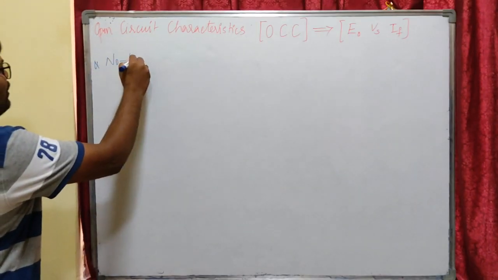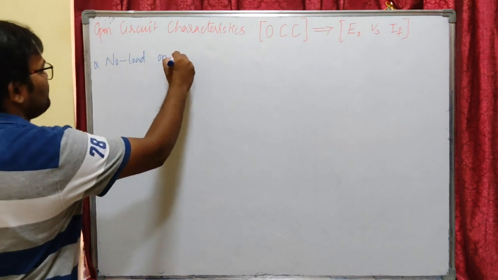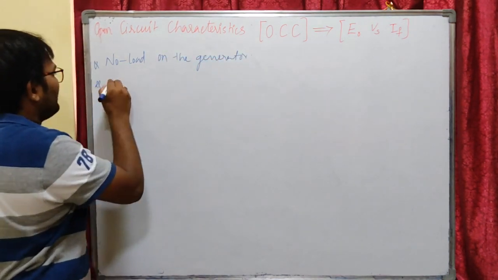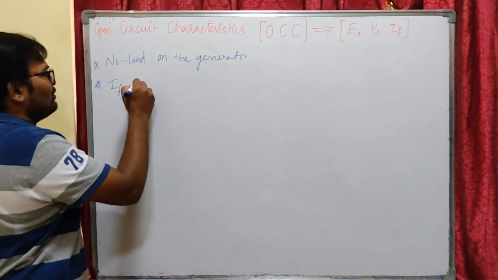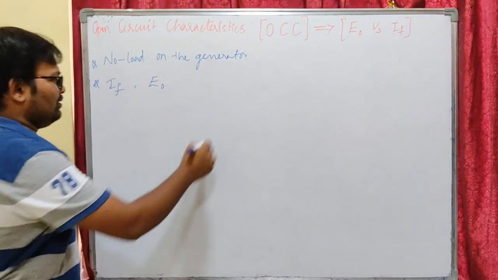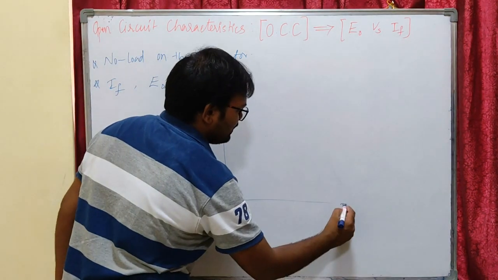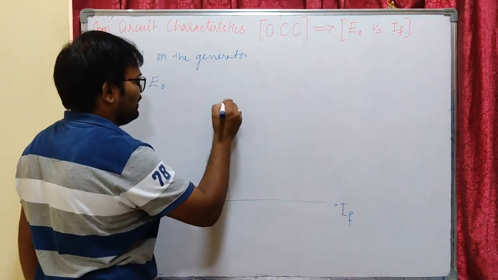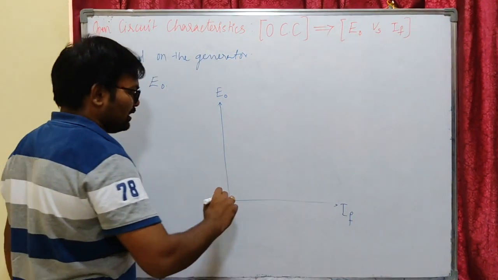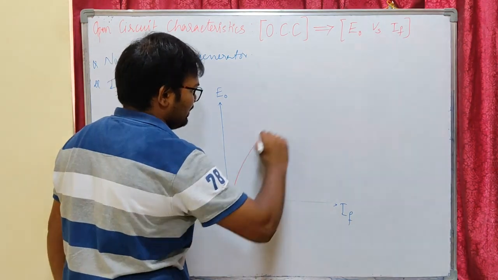There will be no load on the generator. We are going to vary our field current so that our no load EMF will be drawn. Let us consider field current on the x axis and generated EMF on the y axis. The OCC of our synchronous generator will look like this.